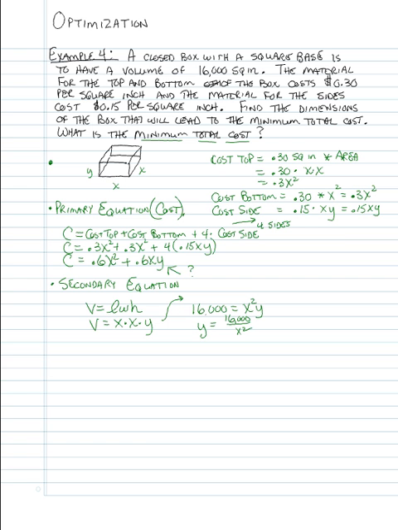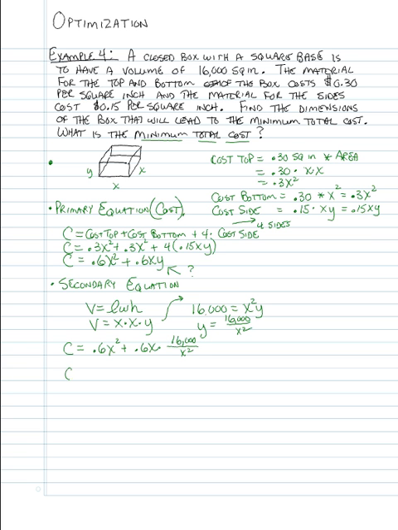So we can use this information back up here with the original cost equation. We can eliminate the y value by replacing it with 16,000 over x squared. So we have 0.6x squared plus 0.6x times, instead of y, the fraction 16,000 over x squared.